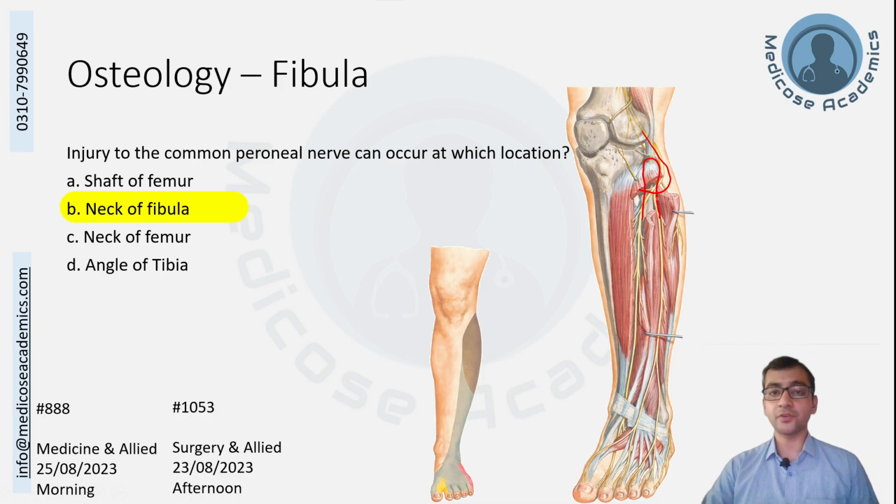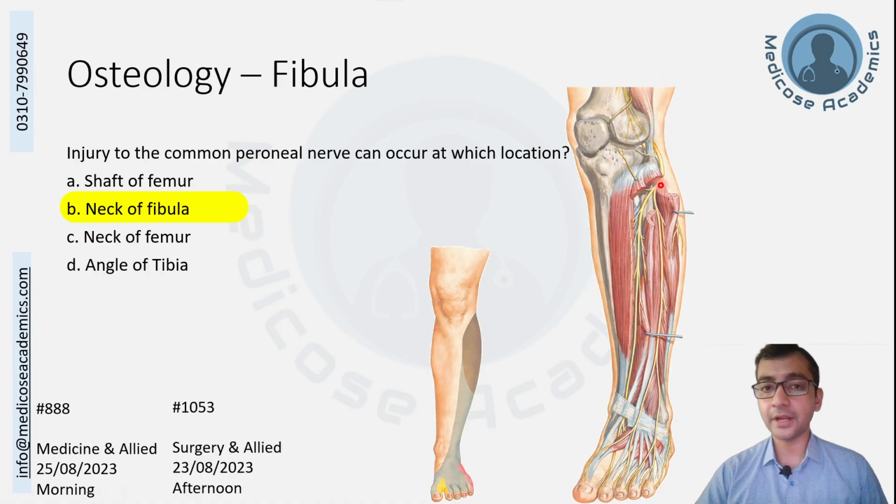And if the neck of the fibula gets damaged or fractured, this nerve, due to its proximity, gets involved and damaged. And as you can see very well here, it is going to supply the lateral compartment through its superficial branch and the anterior compartment through its deep branch. We will go through them further in the next questions.